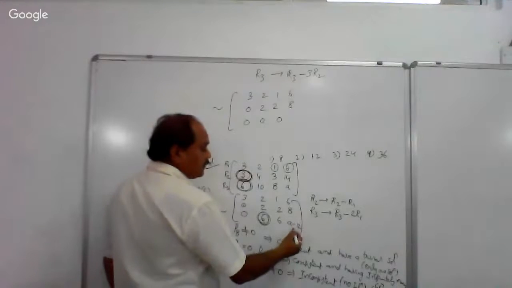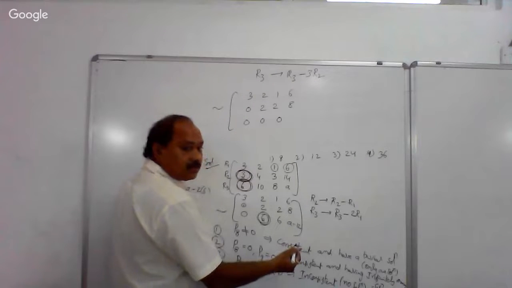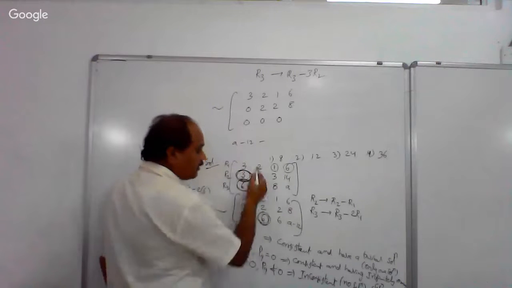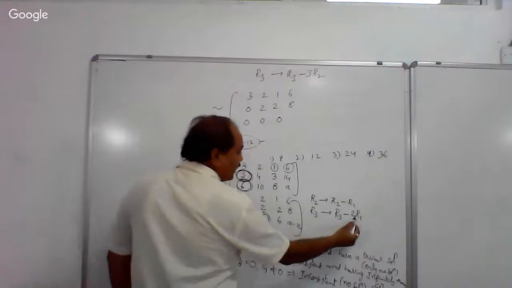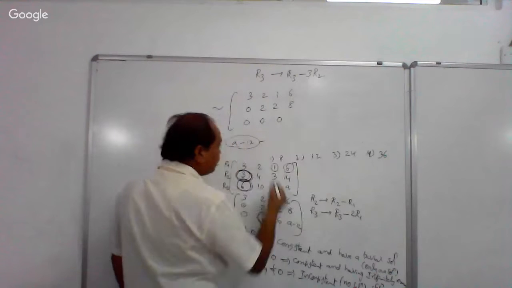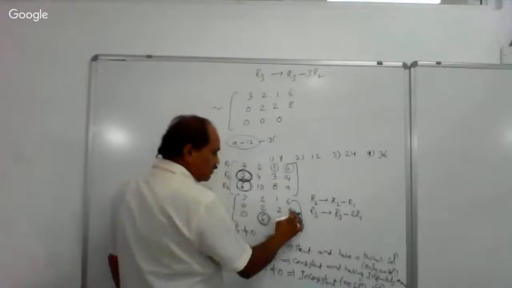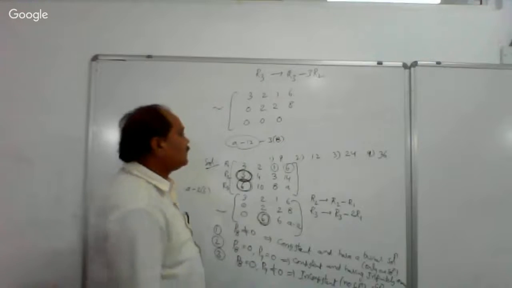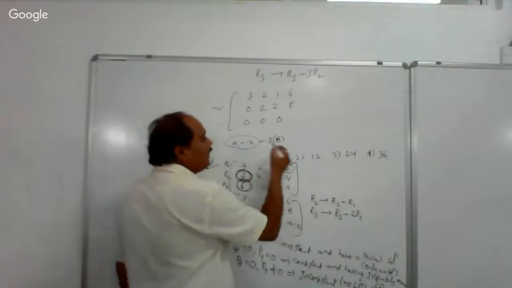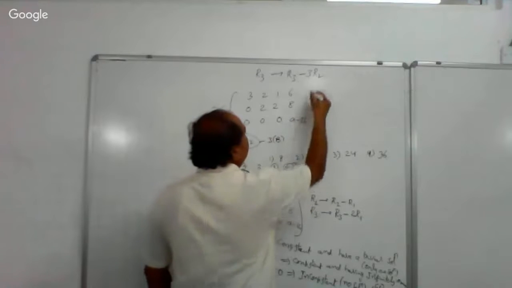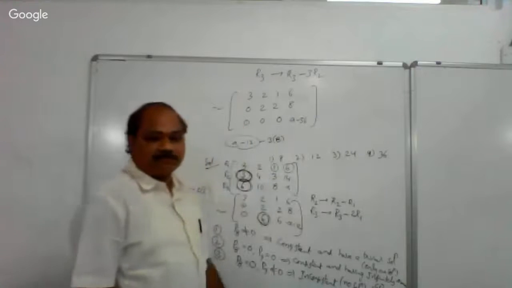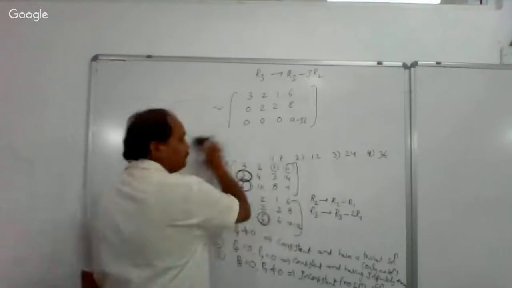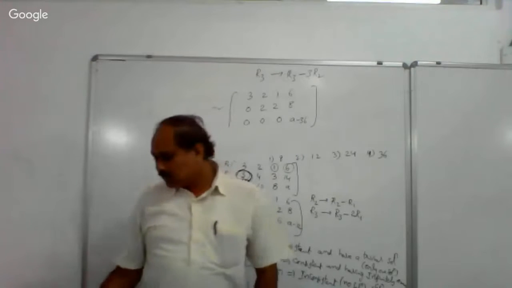Here a minus 12 minus 3R2, that is 3 into 8, which is 24. So a minus 36. Any confusion?